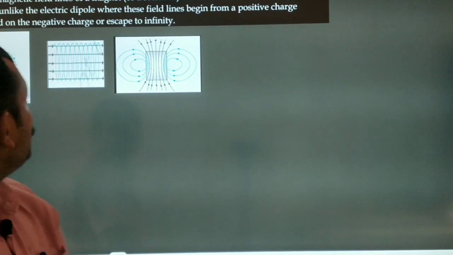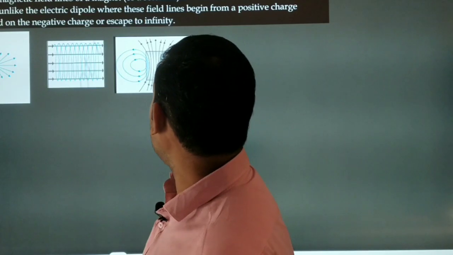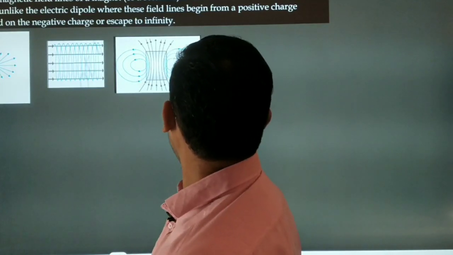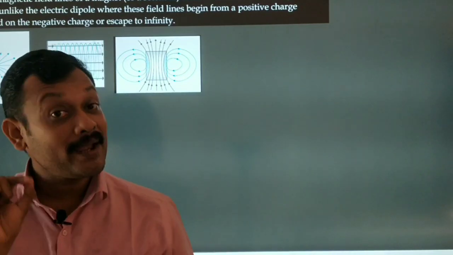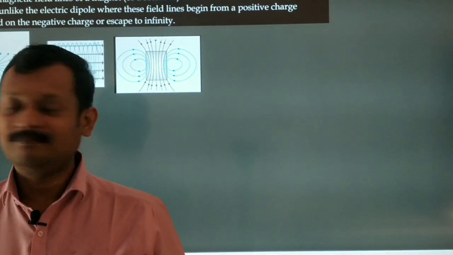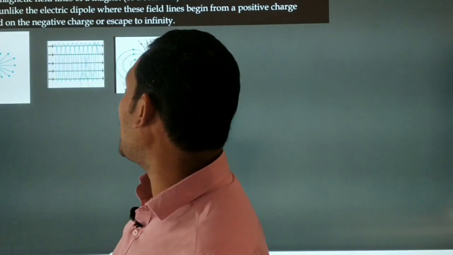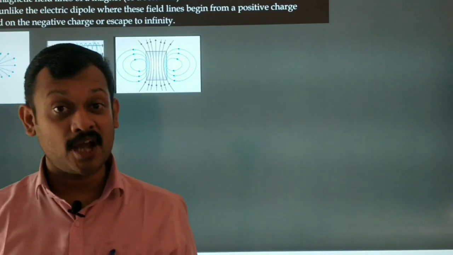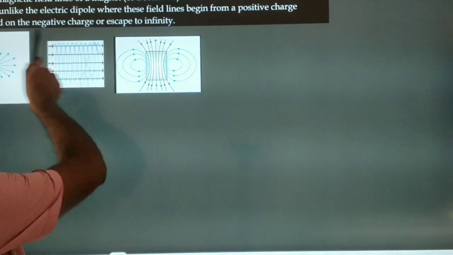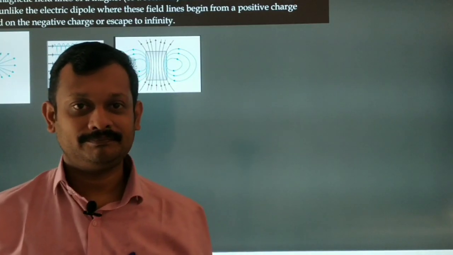The first property, as you can see: the magnetic field lines of a magnet or a solenoid form continuous closed loops. This is unlike the electric dipole, where the field lines begin from a positive charge and end on the negative charge or escape to infinity.